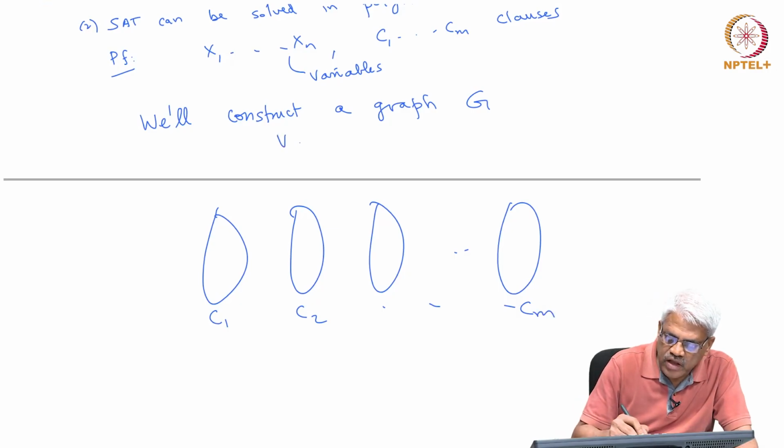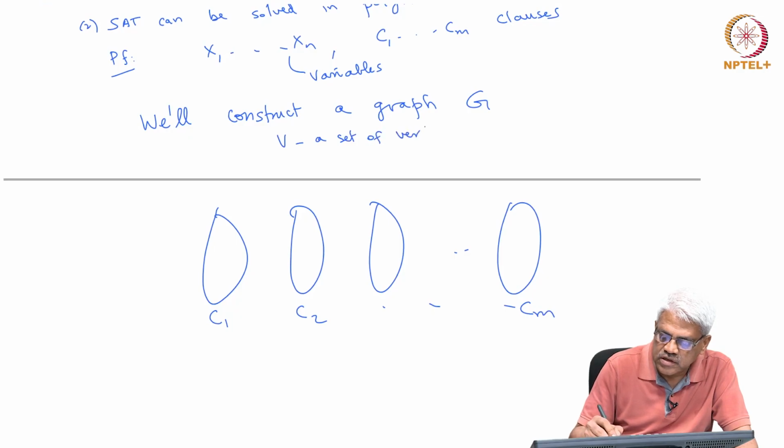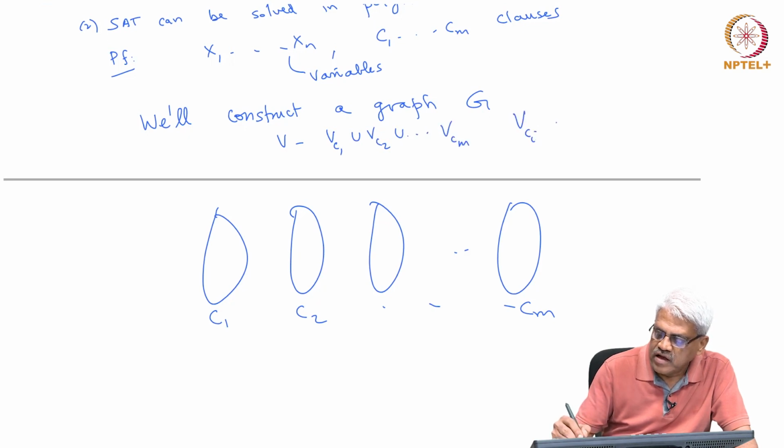V is going to be VC1 union VC2 union and so on up to VCm, where VCi is the subset of vertices that corresponds to the clause Ci.